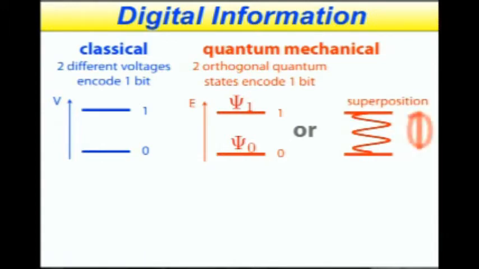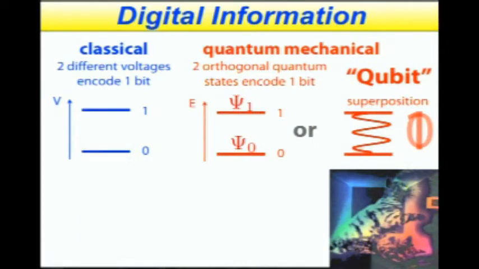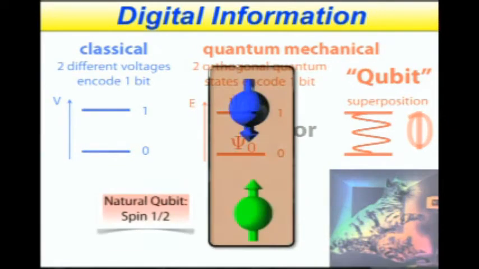And the main difference now between the classical and the quantum computer is that in the quantum computer, you can also have superpositions of these states. The classical computer is always either 0 or 1. In the quantum computer, you can have arbitrary superpositions. So you have something like a Schrödinger cat.